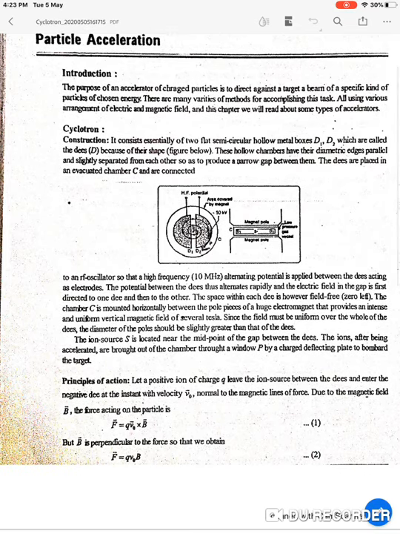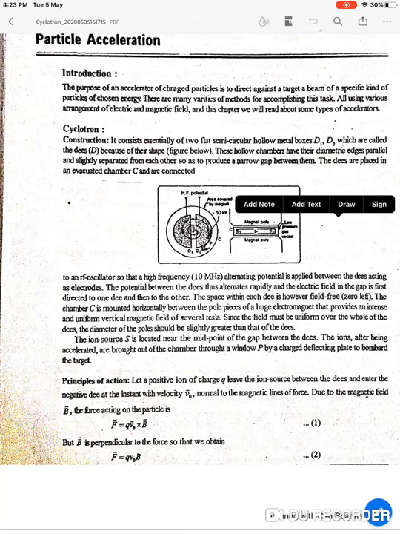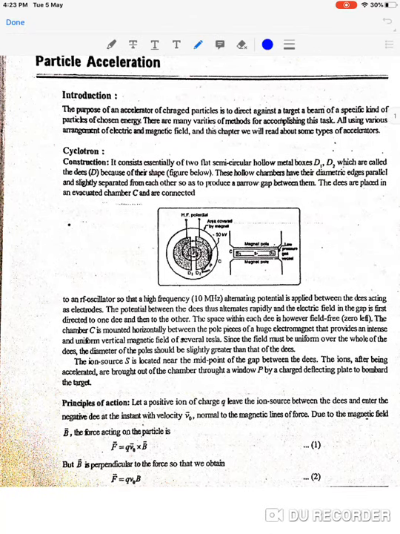It consists essentially of two flat semicircular hollow metal boxes, D1 and D2, which are also called Ds.